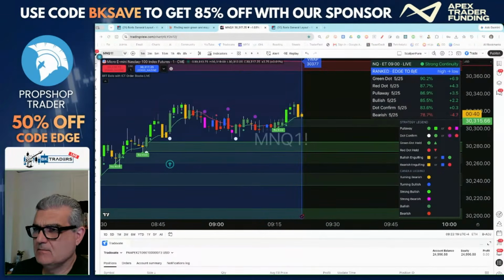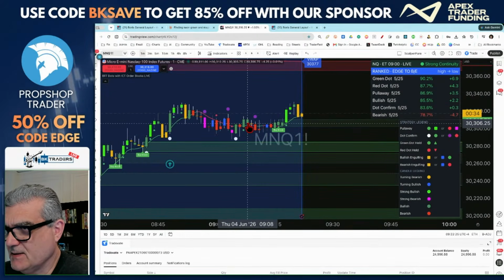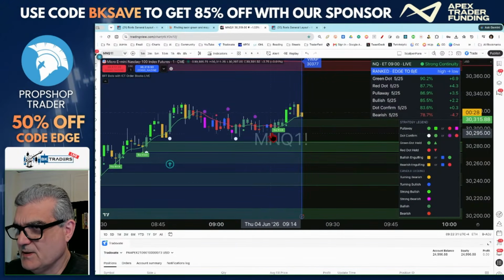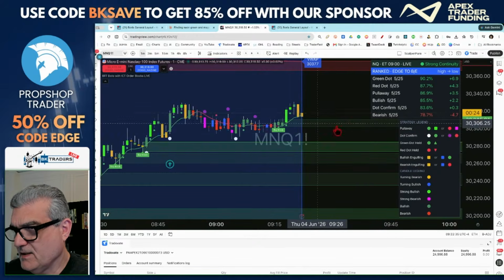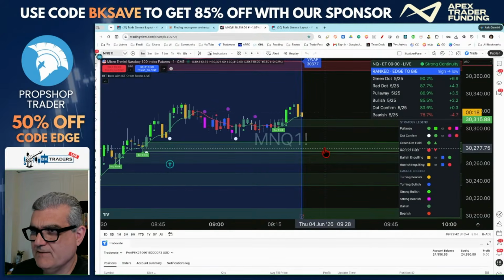What do we have? We have the green. This green dot got done. This green dot got done. So you got 2 minus 1. So you had like 11 to 2, basically. I'm counting just winners against losers on the structure. 11 to 2.